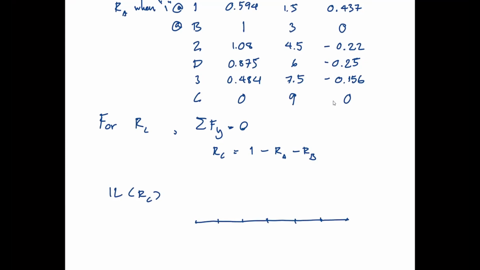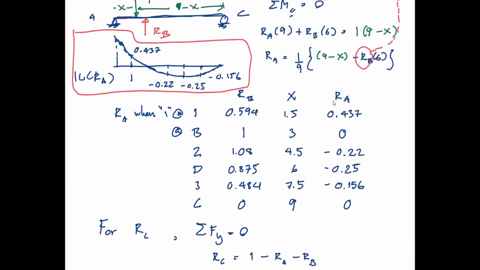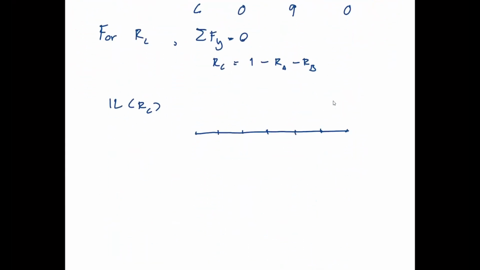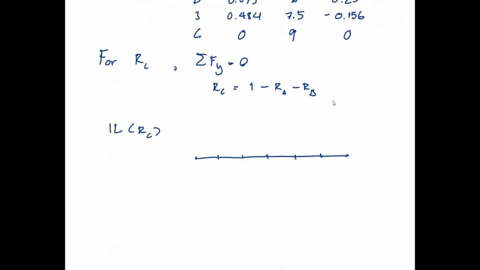So I think, if the influence line of RA looks like that, what you see, the influence line of RC should look somewhat like this. Okay, this better be 0 at that location, and that is 1.